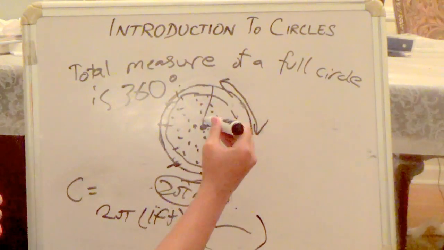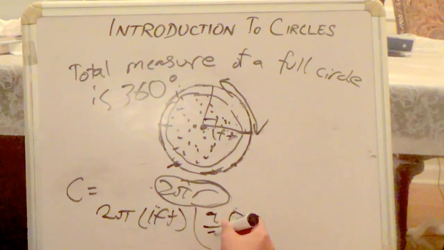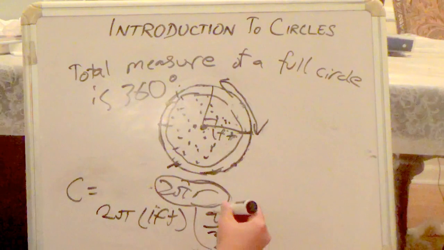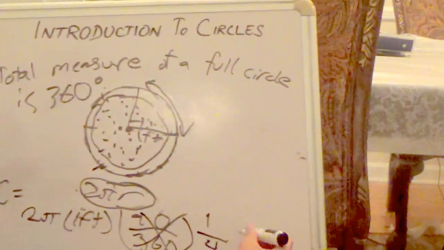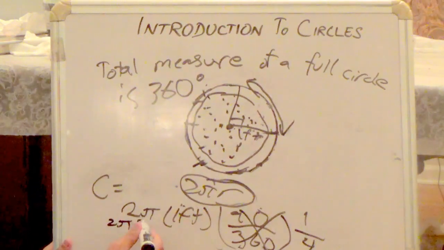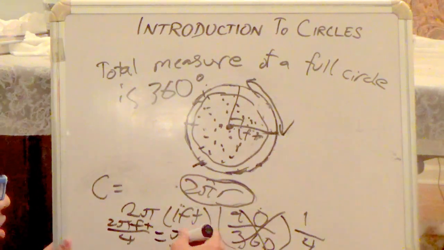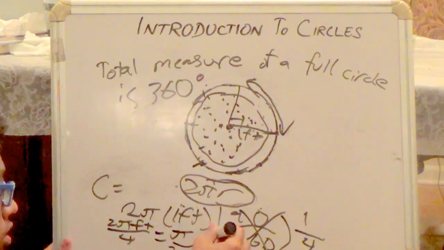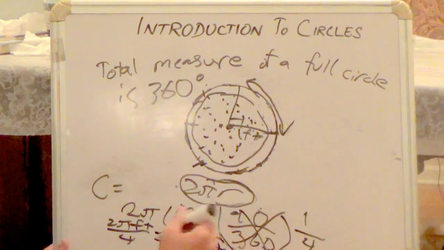Since it occupies a quarter of the circle, it's 90 degrees over 360 degrees, which is 1/4. And multiplying, you get 2 pi feet over 4, which is pi over 2 feet. And we have finished.